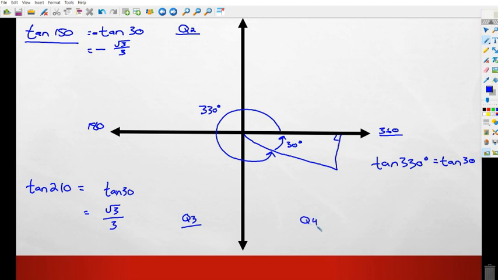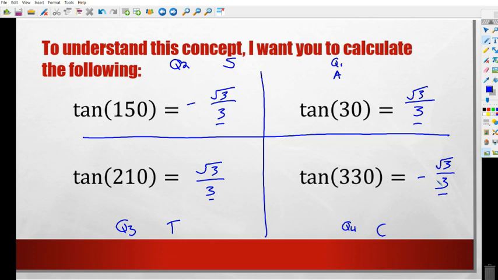I'm in quadrant 4. I know that only cos is positive here. So what is tan? Tan has to be negative. So it's negative tan of 30, and they said it's negative square root 3 over 3. Let's go back and see if it's right. Oh, it's negative square root 3 over 3. Awesome stuff.